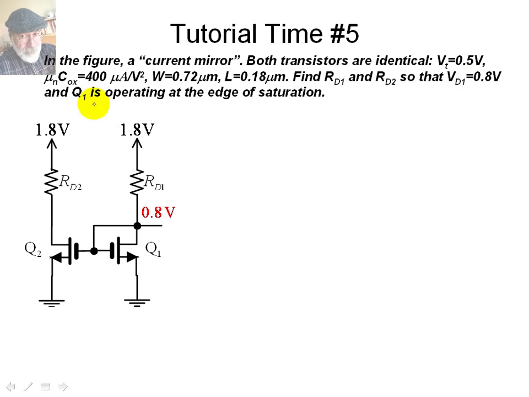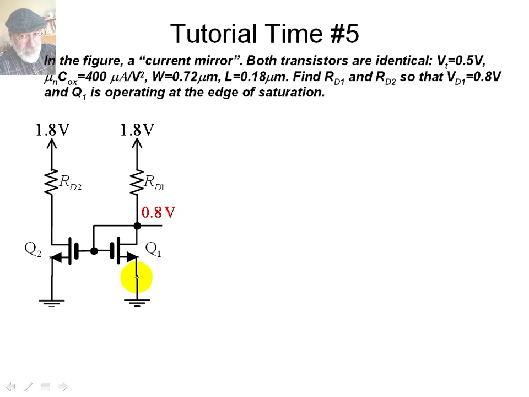And we're also told that Q1, the NMOS on the left, is operating at the edge of saturation, so that means that VDS is exactly equal to the overdrive voltage. Okay. Let's see. VD is 0.8, that's right. VDS is 0.8. But because of this wire here, VG is also 0.8.